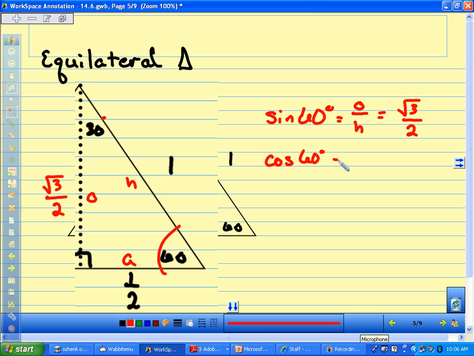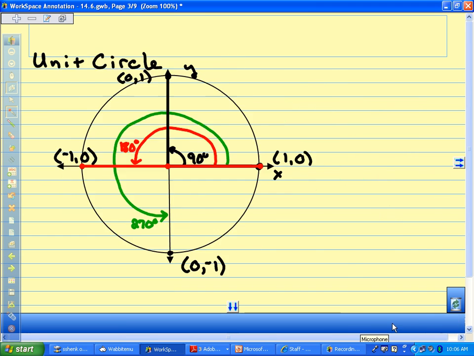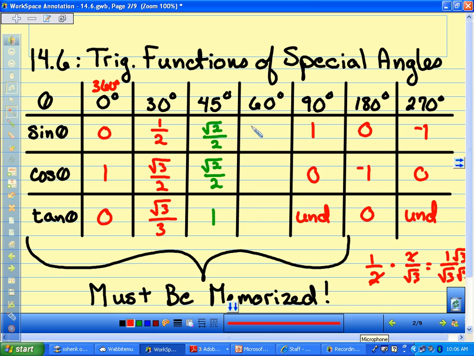Cosine of a 60 would be what over what? Yep, A over H, which would be what divided by 1? 1/2 divided by 1 is 1/2. Okay, so let's fill those in now. Here we had radical 3 over 2 and 1/2.